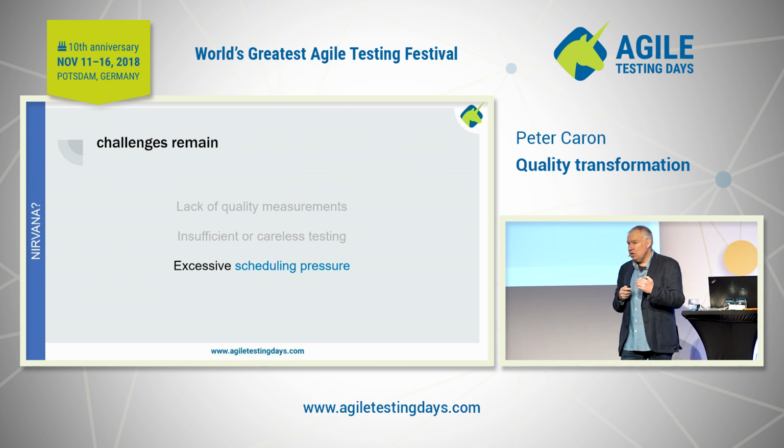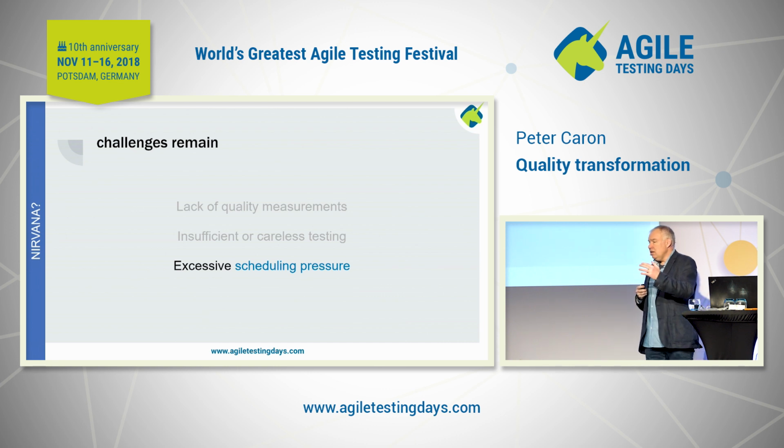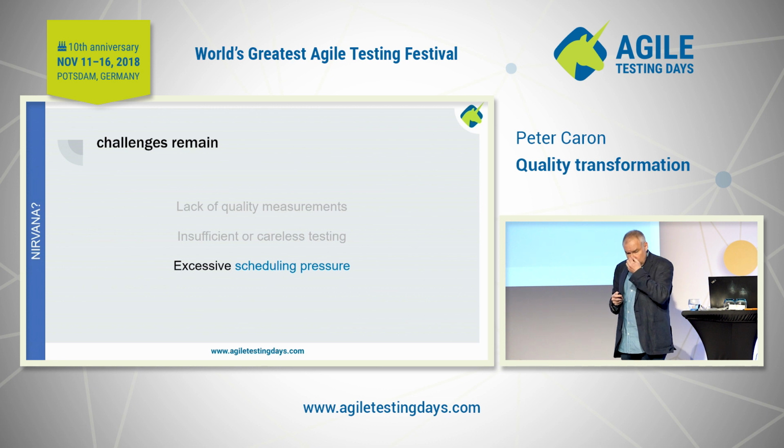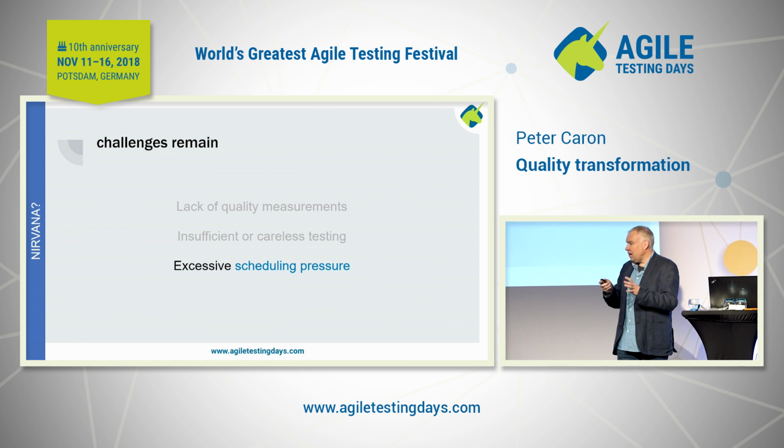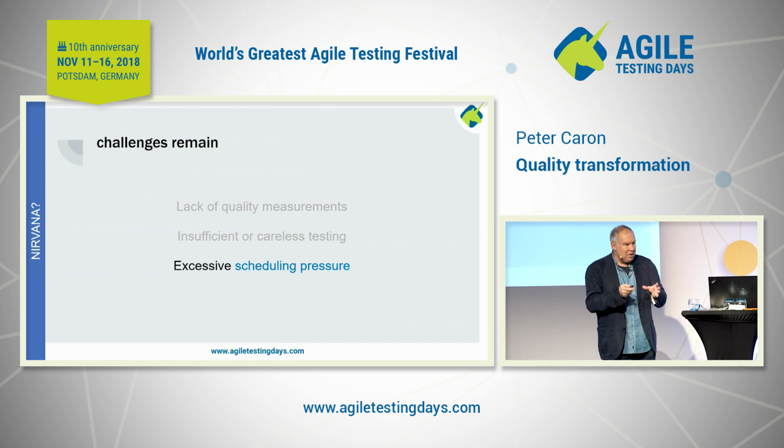One of the problems that we have in software development, and I think most of you hopefully will agree, is that we are having a difficult time changing the minds of all of the stakeholders to get them to understand that quality has to be part and parcel of the process.